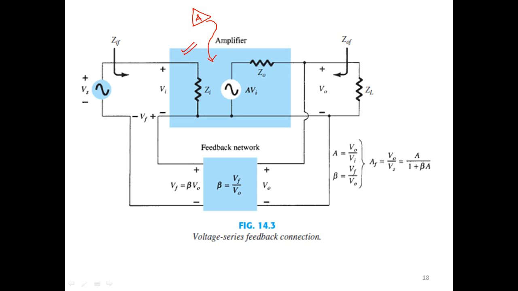So what do we actually have inside an amplifier? You have this input impedance, right, and you have this voltage source, and you also have the output impedance. Okay, fine.